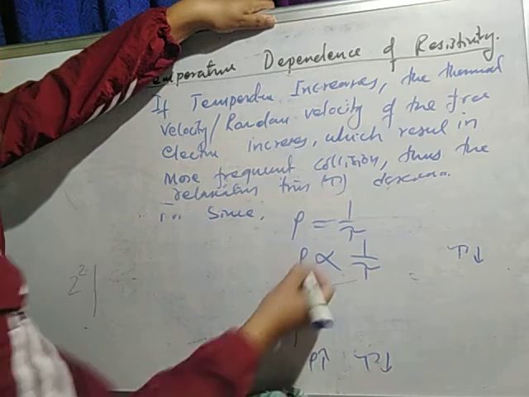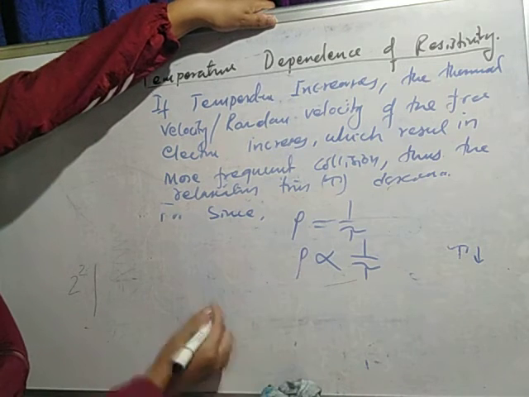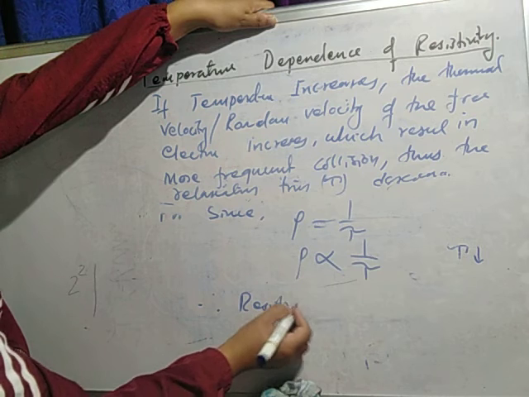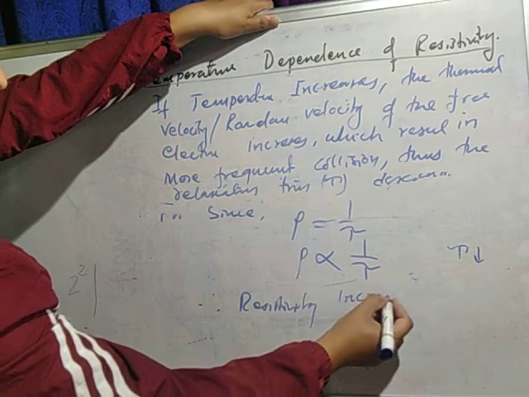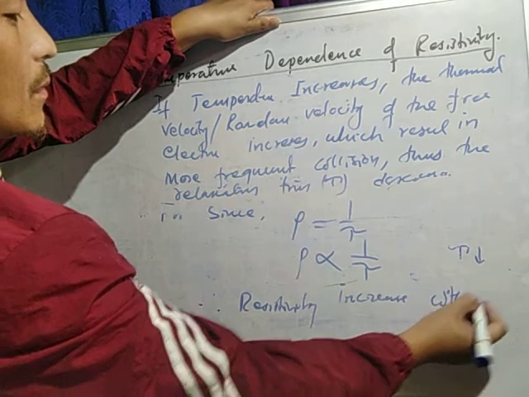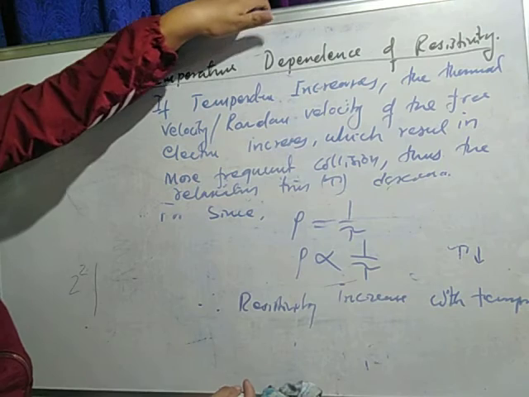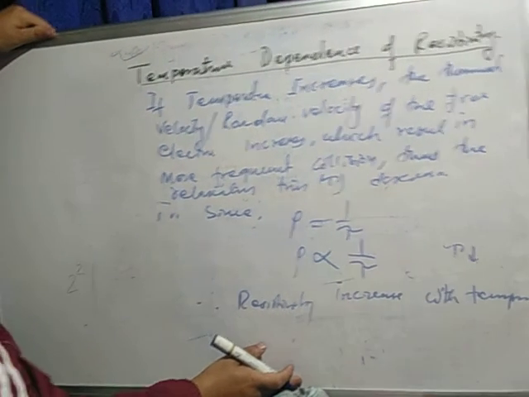If this decreases, then this increases. Therefore resistivity increases with temperature. So this is for the first case, that is your conductor. So copy.